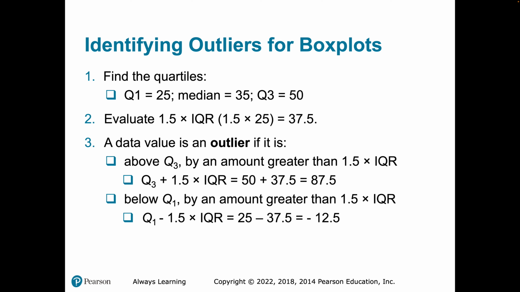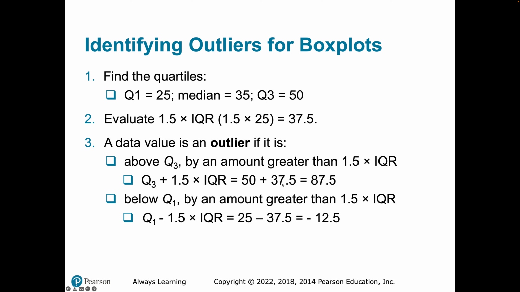Now, a data value is an outlier if it is more than 1.5 times the IQR above Q3, or if we have a value more than 1.5 times the IQR below Q1. So I can easily find those cutoffs by taking Q3 plus the 1.5 times the IQR.